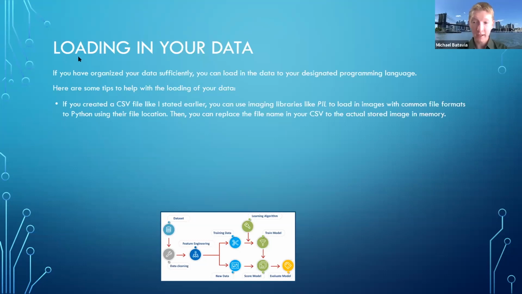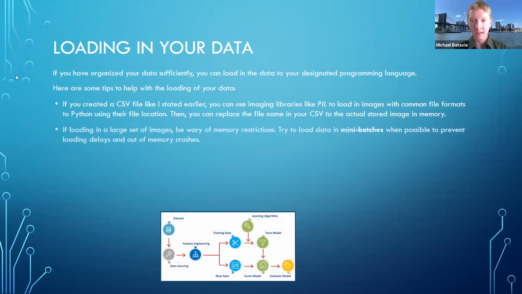So yeah, there's two ideas that you could do to load in your data. Now I'm going to also give you some more tips that I found throughout my experience. So let's say that you are loading in 1,000 images. Now, if you load 1,000 images in one complete step, it's going to take a very long time for your program to load in all of those images at one time.